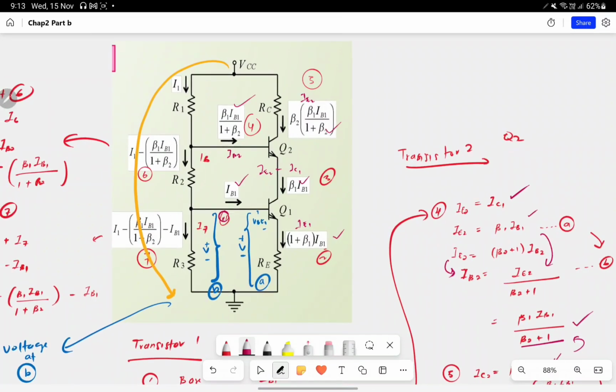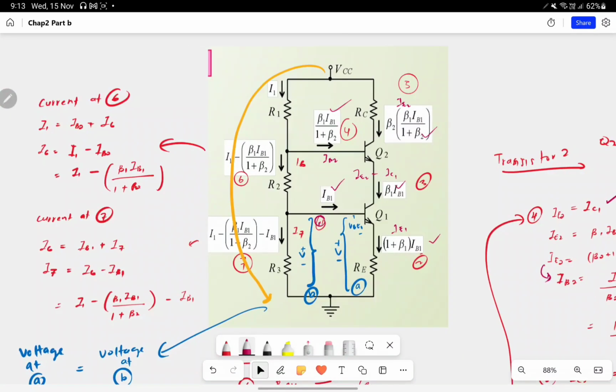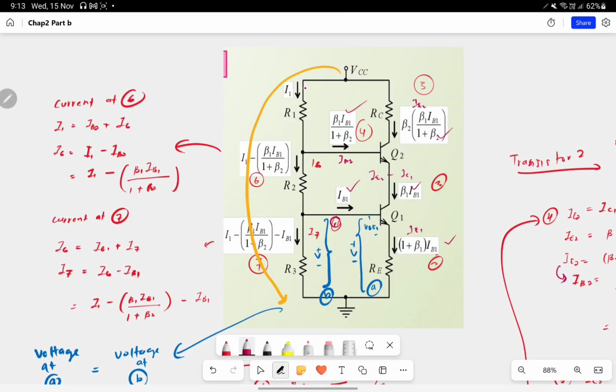We must start from the top. We just name the current flowing before entering the base of transistor 2 as I1. At this junction, we know that the current will flow into two sides.